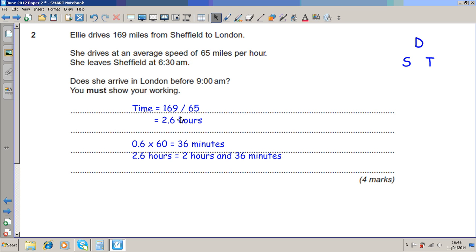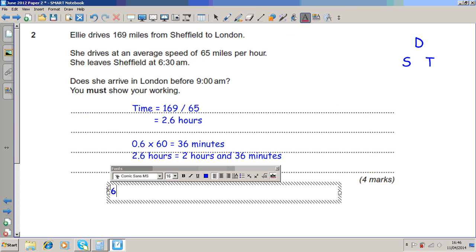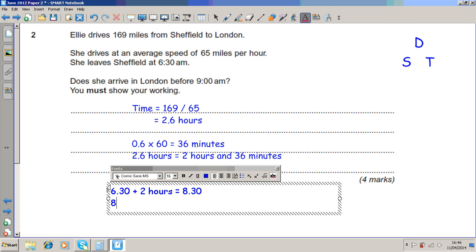She left at 6:30, so 6:30 plus 2 hours is 8:30, then plus 36 minutes is 9:06 AM, which means she didn't make it in time.